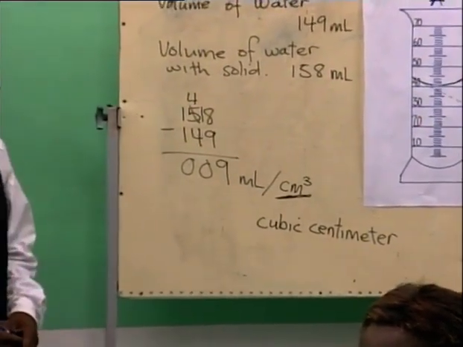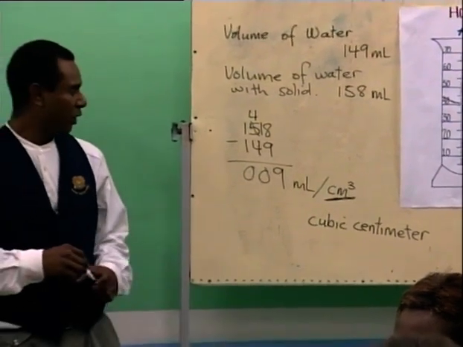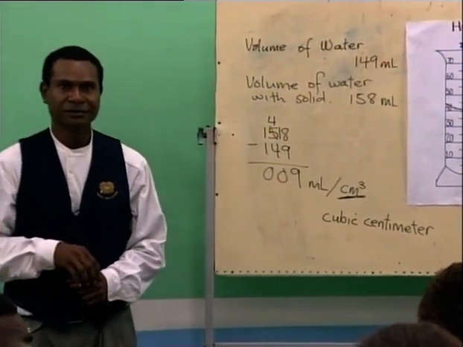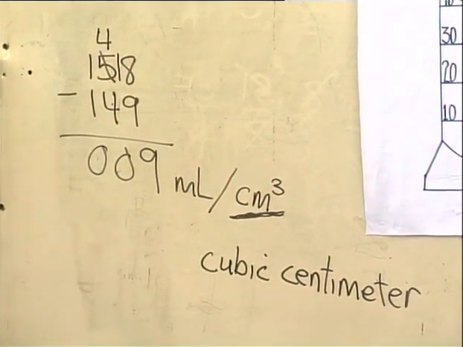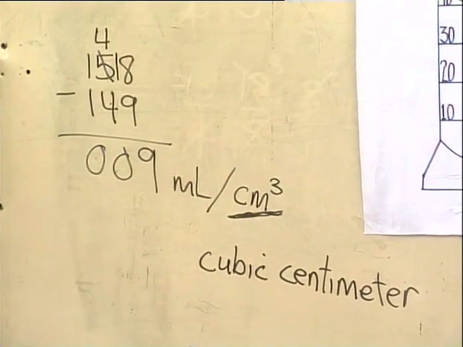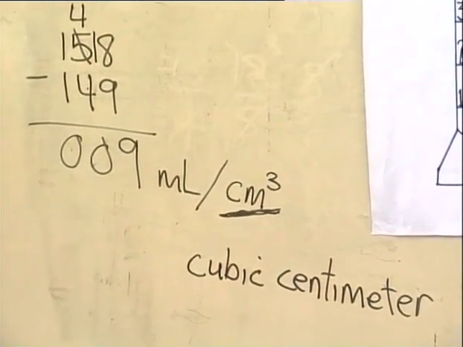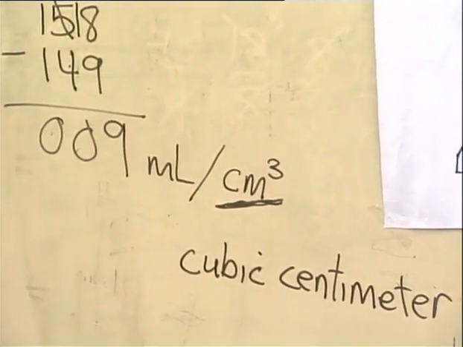It's our symbol. So you refer to the volume of your solid as cubic centimeter.